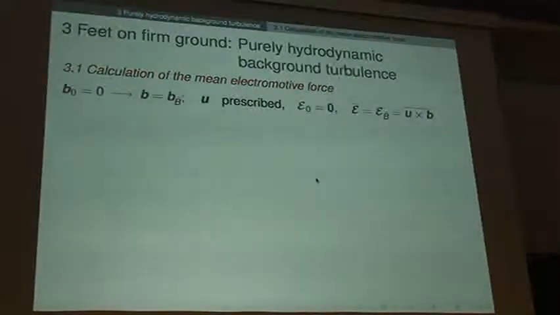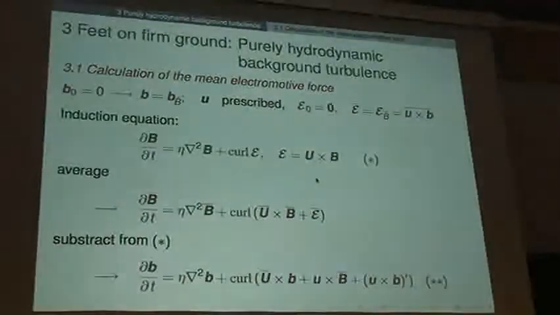Then the mean electromotive force, which could be split off in two parts, E0 and E_B, is of course 0, because E0 is the average of U0 cross B0, and if B0 is 0, then we get 0 here. So all the mean electromotive force is emerging due to the action of a mean field. This is written here: the overbar E is equal to overbar E_B in this case.